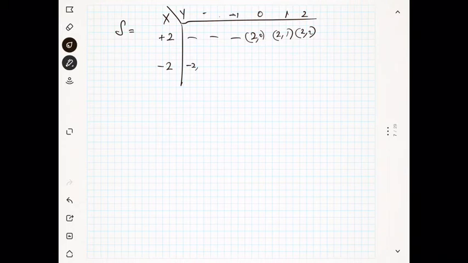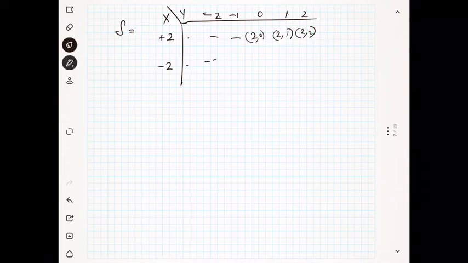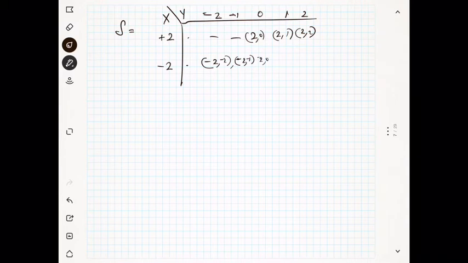Then you transmit minus 2, and you may sometimes get minus 2, you may get minus 1, and you may get 0.